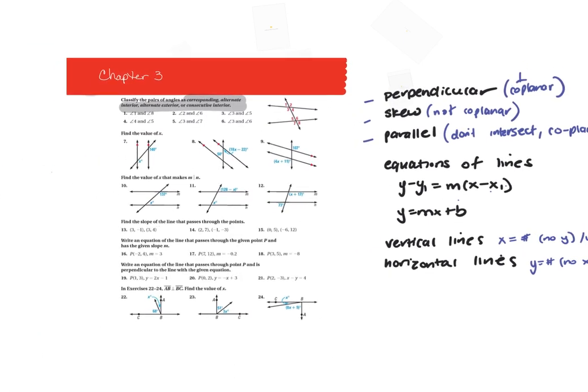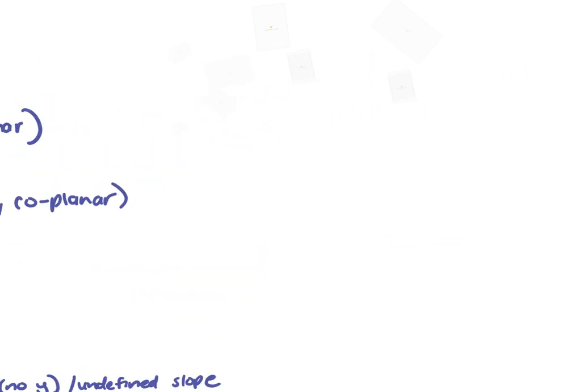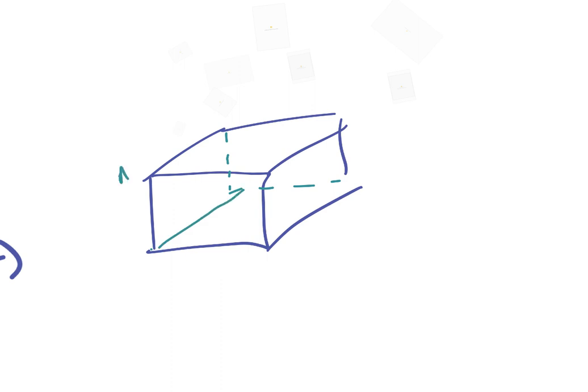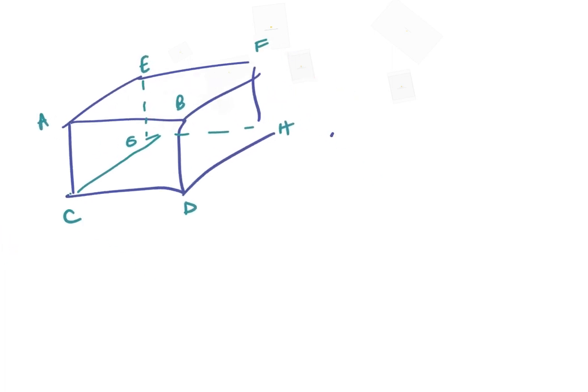So if you're looking at, like they like to give you a box on this kind of question. Okay, AB is going to be perpendicular to something like BF, where those two sides meet.